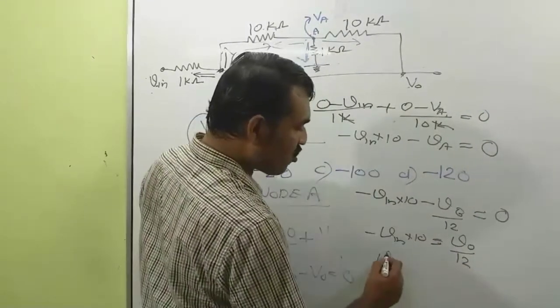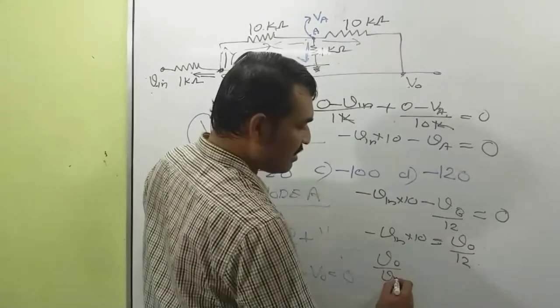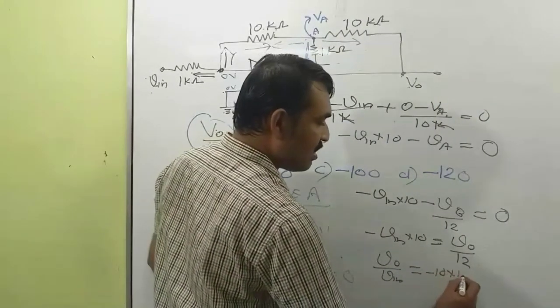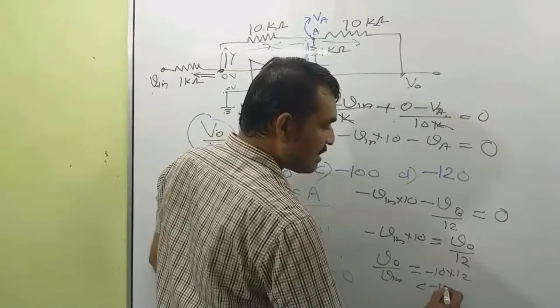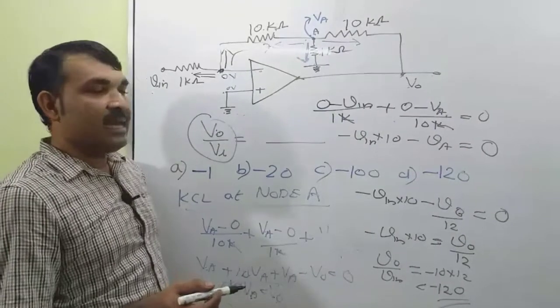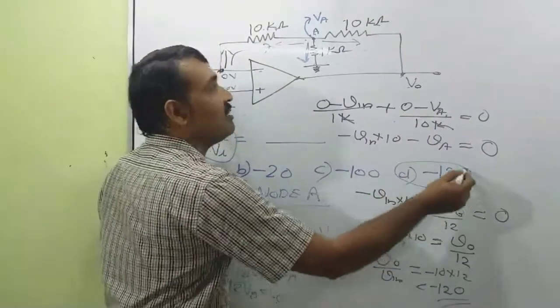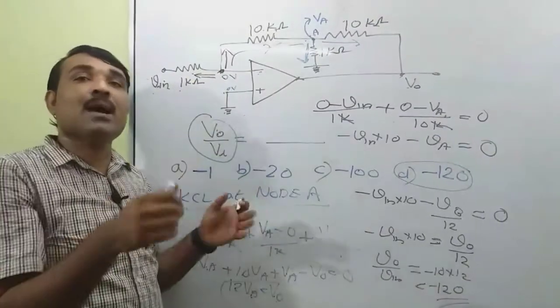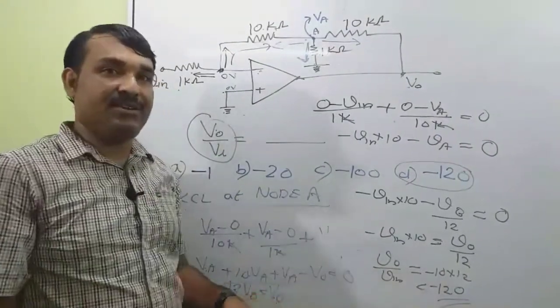Or V0 by Vin is equal to minus 10 into 12, that is equal to minus 120. So the gain is minus 120. Since input is given in the inverting terminal, it is an inverting amplifier. So the gain is negative. Okay.